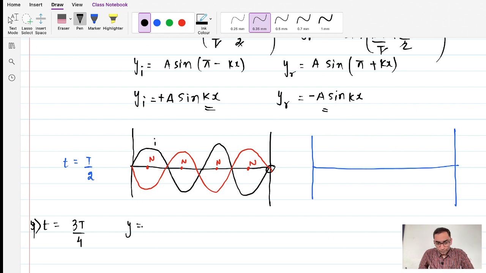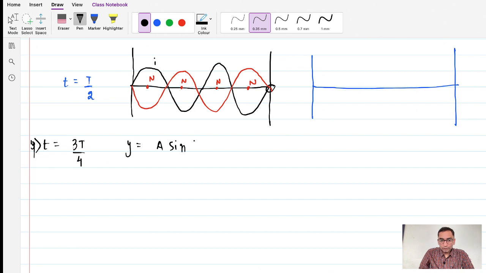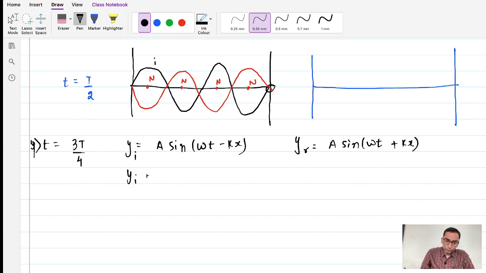So now let us write y is equal to a sine omega t minus kx, incident one. The reflected one is a sine omega t plus kx. Now let us substitute time, as omega is 2 pi by T, this is 3T by 4 minus kx. You do not have to touch the kx term.